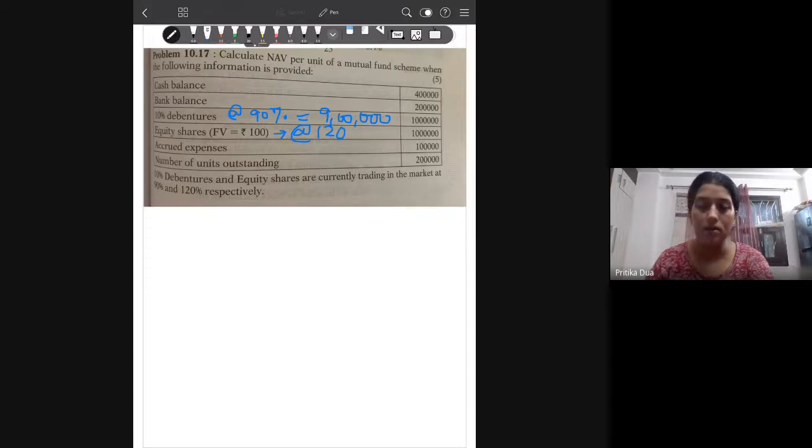So here directly you will get the value of equity shares as 12 lakh rupees. So whenever there is a fluctuation, we consider the face value and accordingly calculate the market value of the investment made.